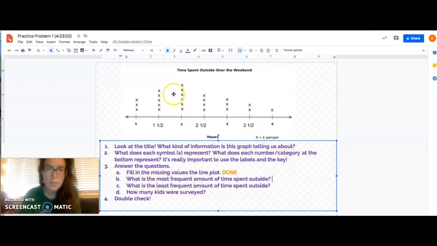So let's see, not 1, not 1.5. Ooh, 2 looks pretty tall there. There's a lot of X's. 1, 2, 3, 4, 5, 6 X's. Yep, that looks taller than any other amount of time spent outside. So the most frequent amount of time spent outside was 2.